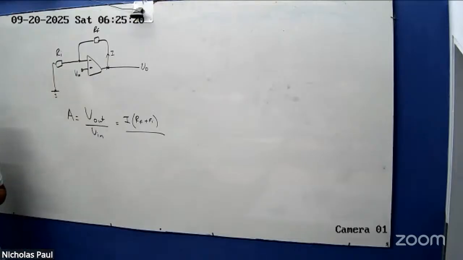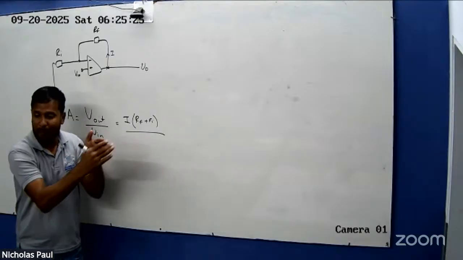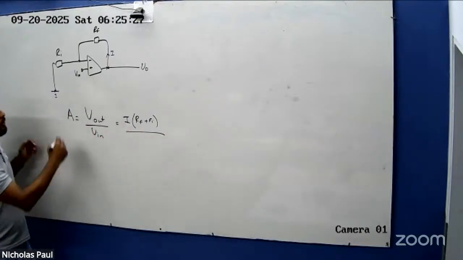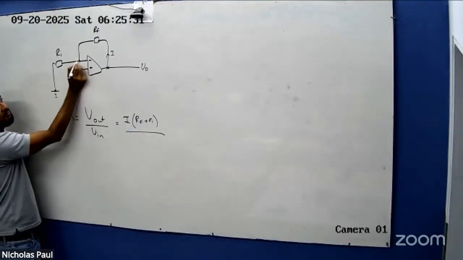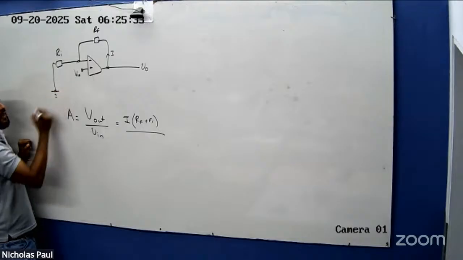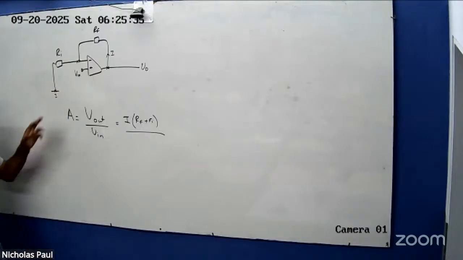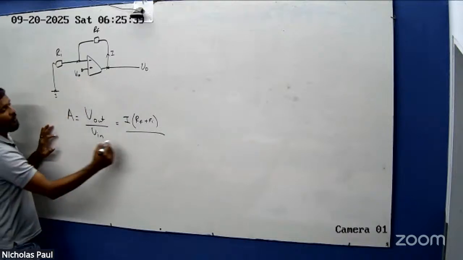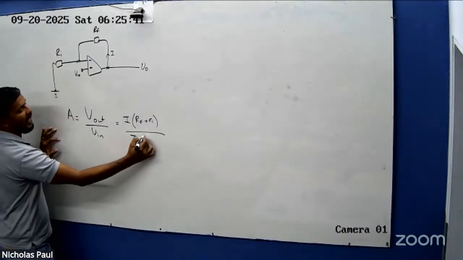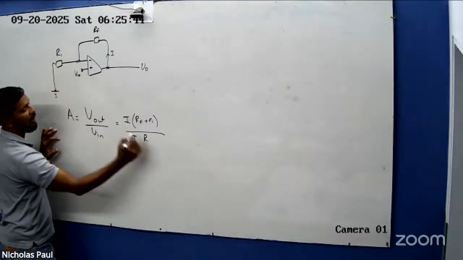Is it high or low? Remember, little goes in and plenty comes out. So these inputs are almost the same. If I connect a voltmeter here and here, I will get the same VN value. So VN is equal to I times RI.